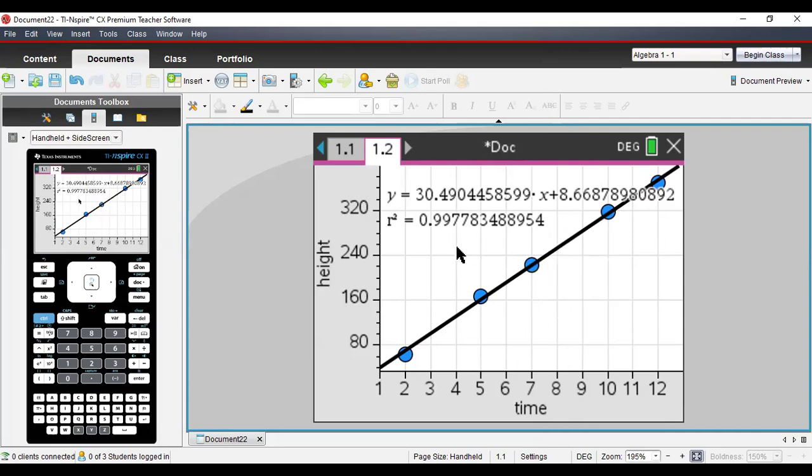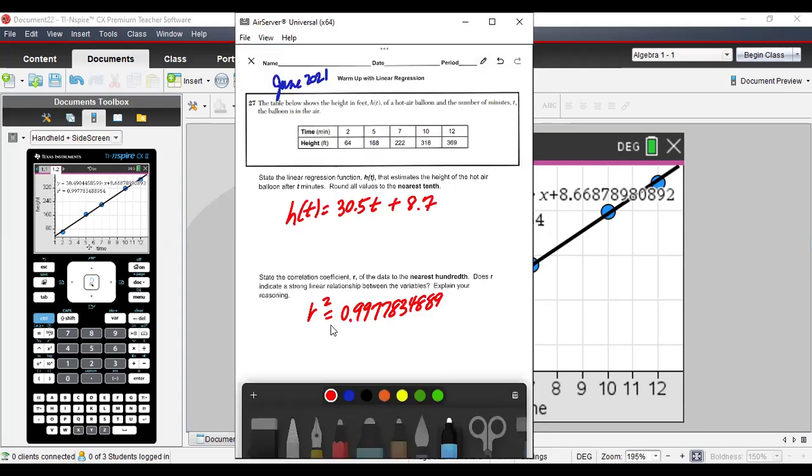And now we're going to come up with the correlation coefficient. So we're going to take the R squared, which is 0.99778348889. Basically, I'm going to take the square root of the R squared, and that's going to give me the correlation coefficient.